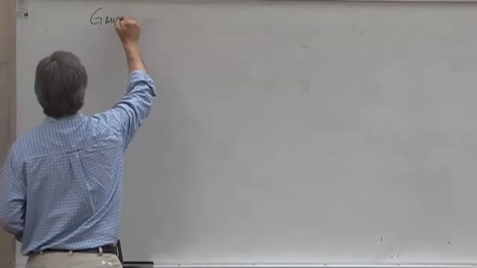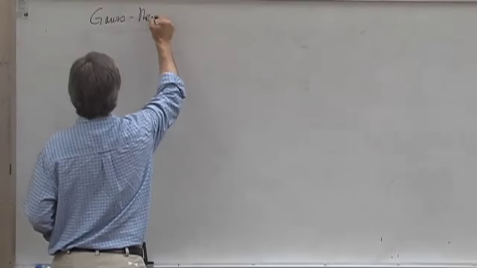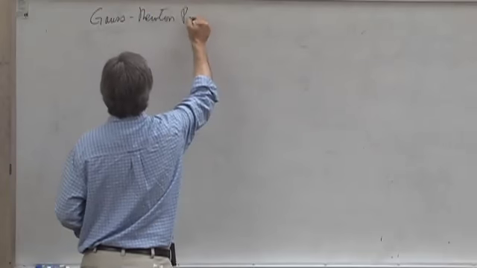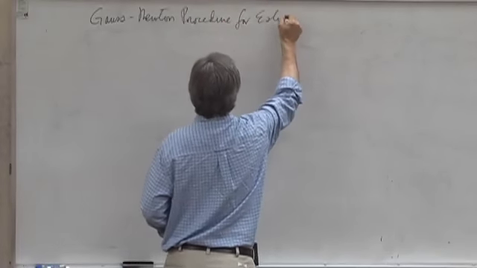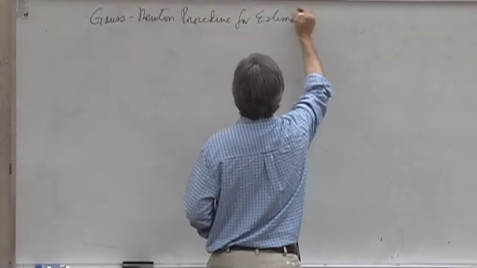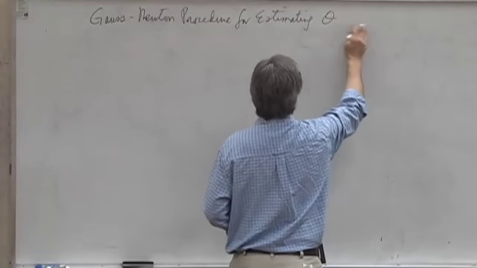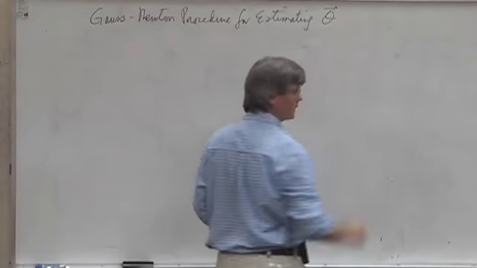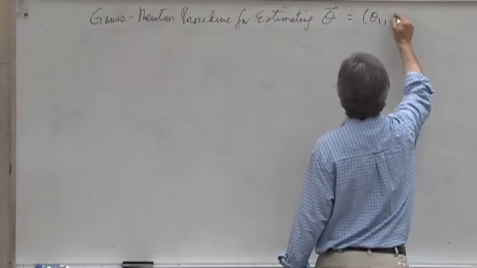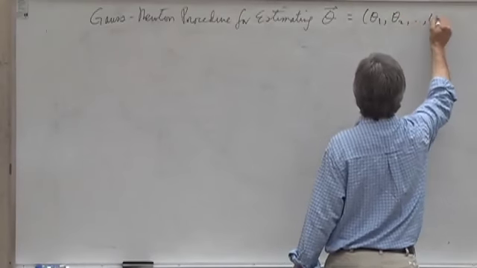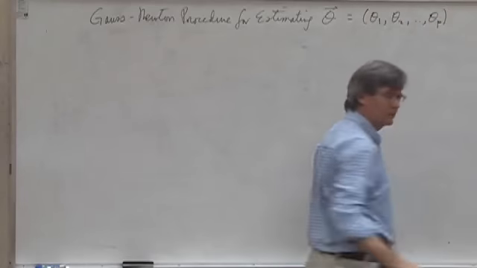Gauss-Newton procedure for estimating theta, a vector of parameters. Theta equals, I'll just call it theta 1, I won't put a theta 0, theta 1, theta 2 up to theta p. We're just going to denote it this way.